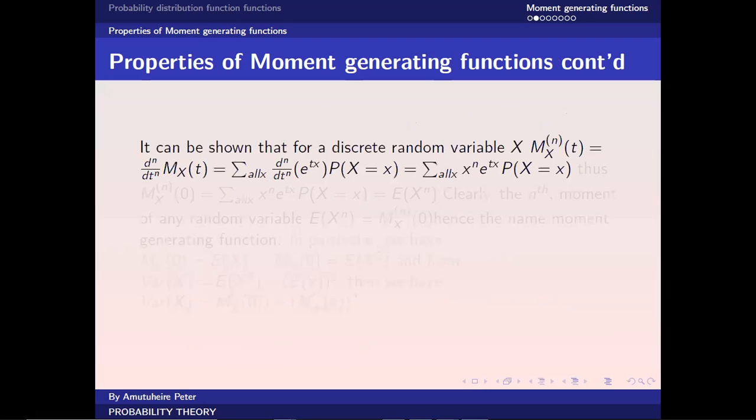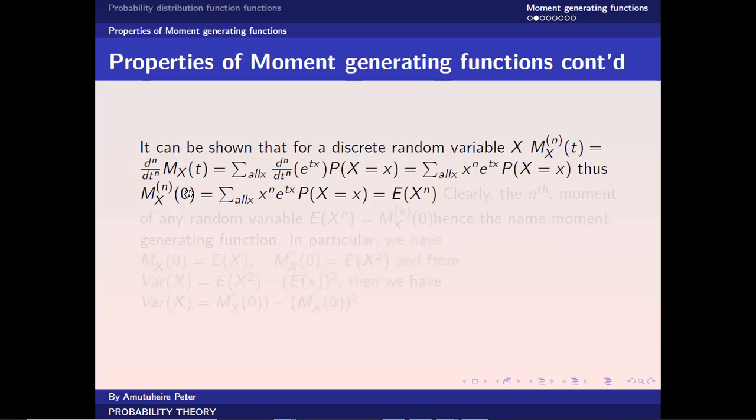Okay, it can also be shown that for the discrete case, the nth derivative of the moment generating function is the sum over all values of x of the nth derivative of e^(tx) times the probability p(x). When we differentiate n times, of course, it gives us x^n e^(tx) p(x).